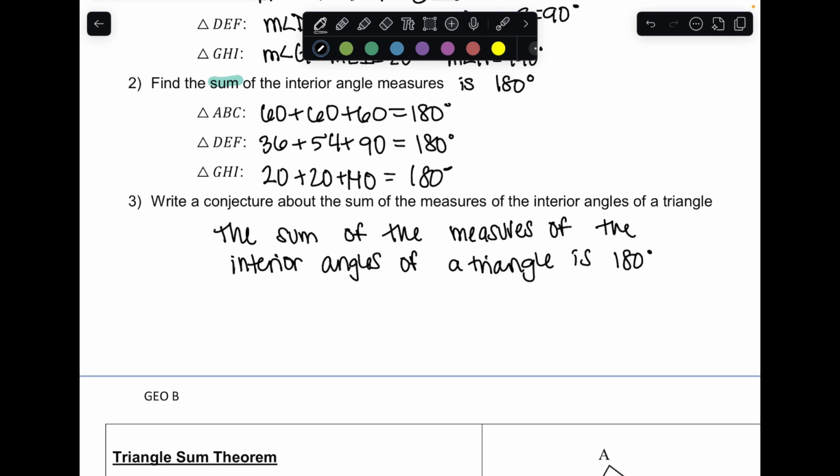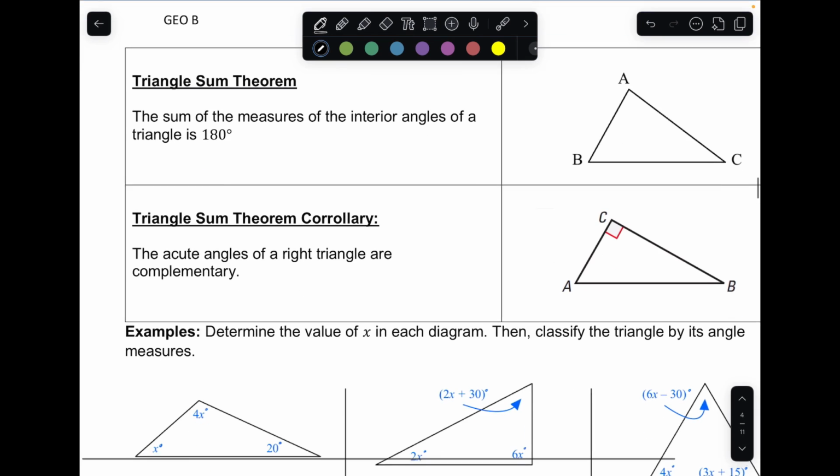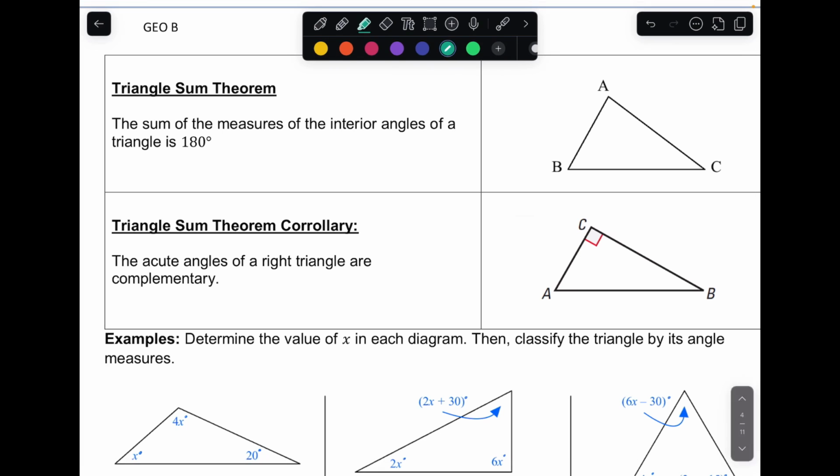And that leads us to our first two theorems. The first one is the triangle sum theorem. This is, again, one of the most important theorems we'll talk about. We'll use it for the rest of the year. You have to have it memorized. It says the conjecture that we just wrote down. The sum of the measures of the interior angles of a triangle is 180.